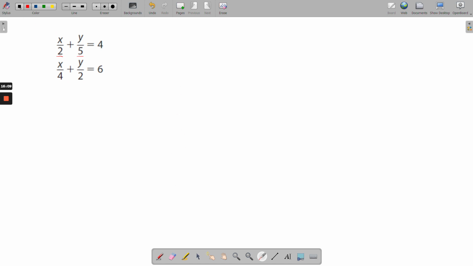If we take the top equation, x over 2 plus y over 5 is equal to 4. Now if we multiply this by 10, just extend out this line, when you're multiplying by 10, you multiply every term by 10. This is what's going to happen.